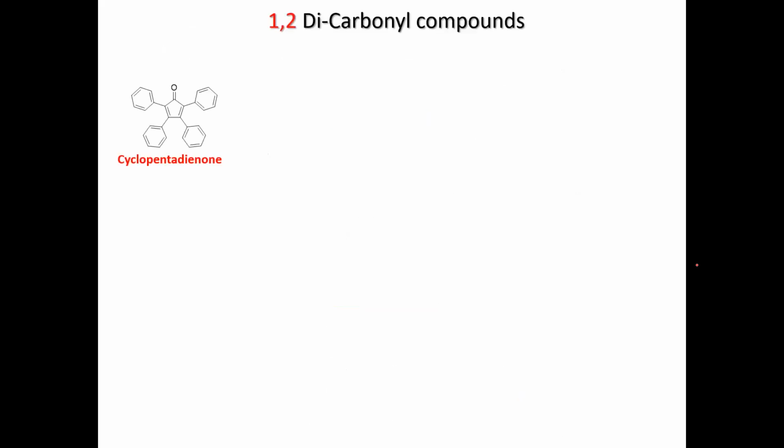But why do we think this 1,2-dicarbonyl is sometimes useful? This is a reaction that at this moment, if he's not doing it now, we will be doing very soon. Peter, master student in my lab, to make hexaphenyl benzenes, you have to start from the cyclopentadienone.